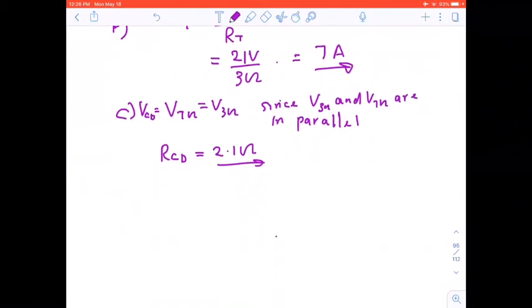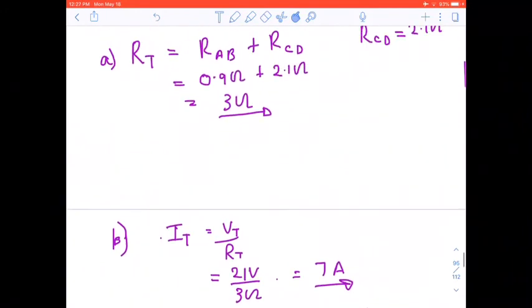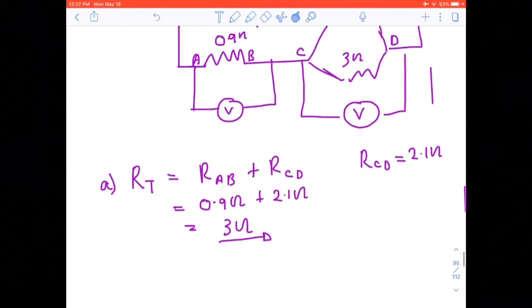If we want to know the voltage across CD, that parallel branch, we know it's going to be 7 amps going through that, because that is the circuit current, and the equivalent resistance is 2.1 ohms, which means we have 14.7 volts across that resistor.